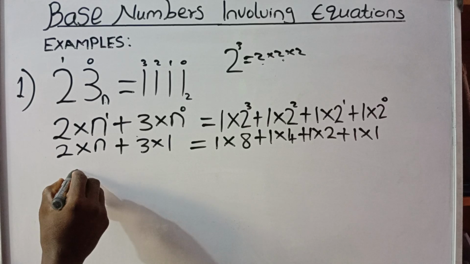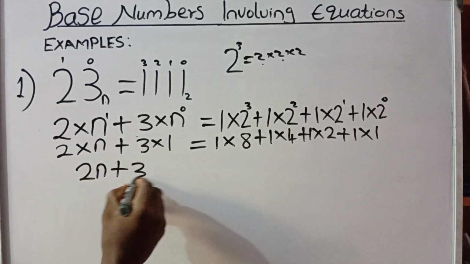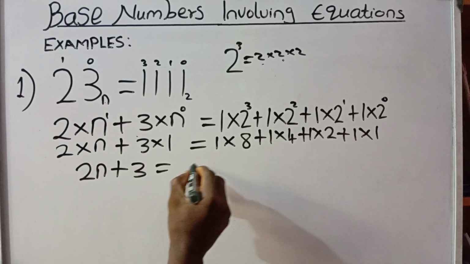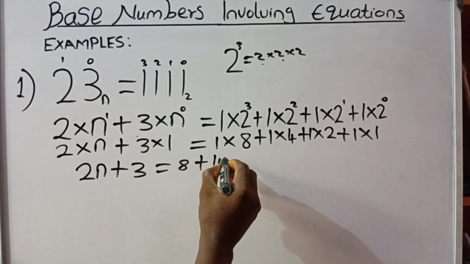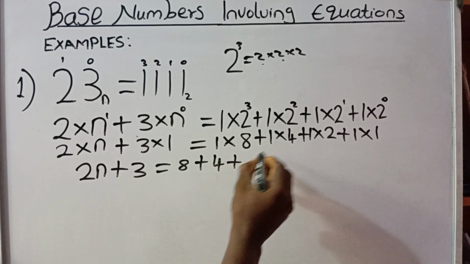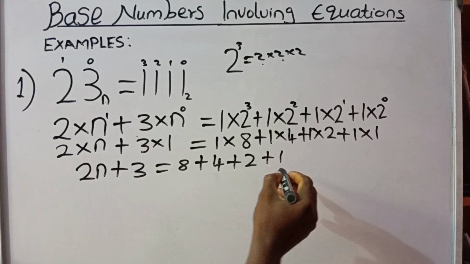So 2 times n will give us 2n. 3 times 1 is 3. 1 times 8 is 8, 1 times 4 is 4, 1 times 2 is 2, then 1 times 1 is 1.